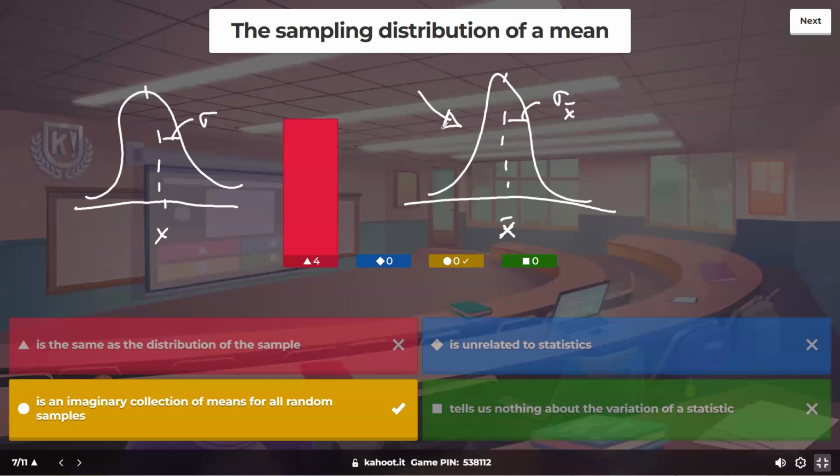Another random sample, found the average, recorded that. That would be distributed a little differently. It would have the same mean, but is it wider or skinnier than the previous one? Skinnier. Okay, so it's an imaginary collection of means for all random samples.